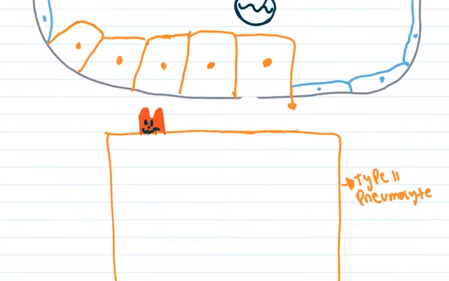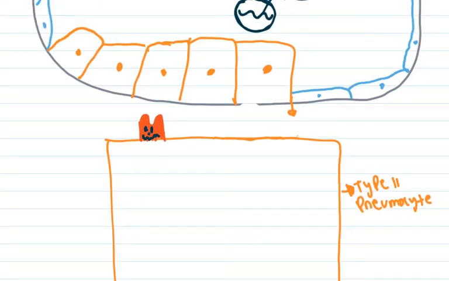So our SARS-CoV-2 virus is going to come here with its positive sense single-stranded RNA, and it's going to use its S spikes to attach onto this receptor. It also has other spikes, but it uses its S spikes particularly to attach to the angiotensin converting enzyme type 2.